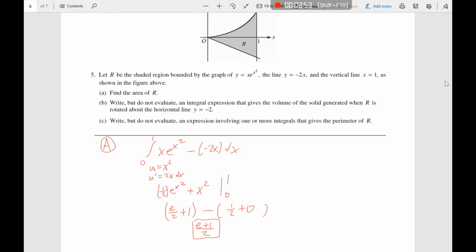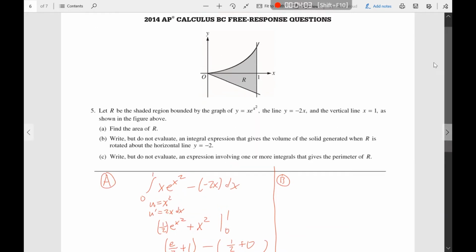I think I'm going to try to do part B over here on the same side since we can see the problems here. So for part B, we want to write but not evaluate an integral expression that gives the volume of the solid when R is rotated about y equals negative 2. Right.